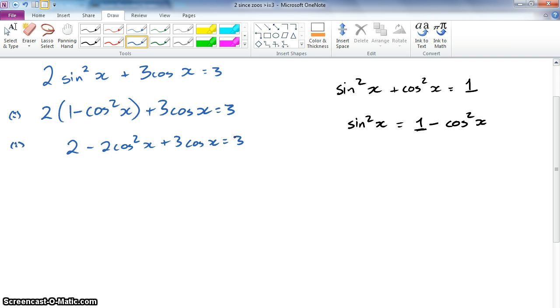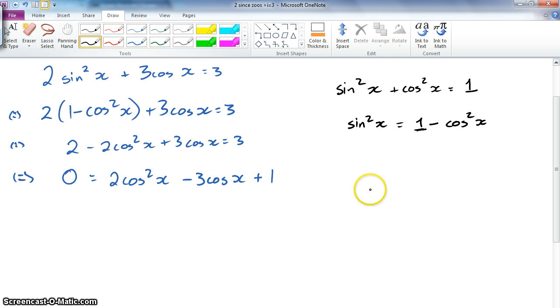We can still solve it the same way, but that negative 2 in front of the cosine squared term is going to bother me. So I'm going to get everything over on the right hand side rather than the left hand side. So I add the 2 cosine squared x, I subtract 3 cosine x from each side, and I'm going to subtract 2 from each side, so 3 minus 2 is 1.